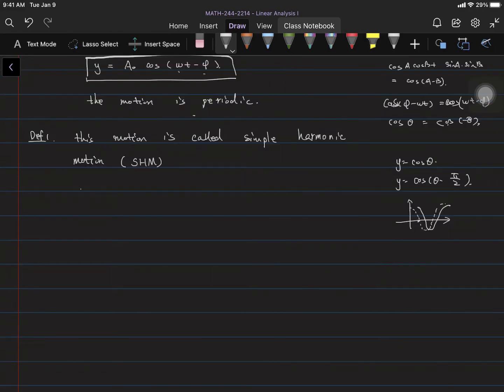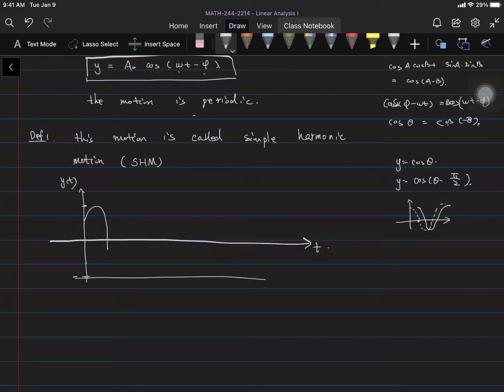If I draw the graph of y(t), we know it's going to be a cosine function. So here's t and here is y(t), and it's cosine, and because of the A naught in front, it's also called the amplitude. Okay, and we shift, so let's draw it this way. This is A naught, negative A naught, so it oscillates between those, right?